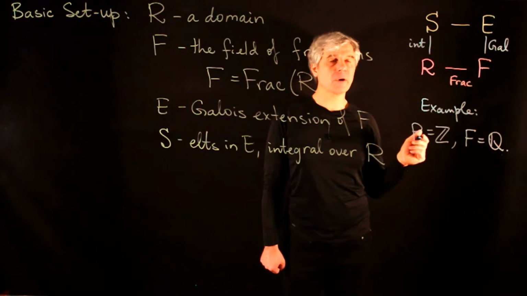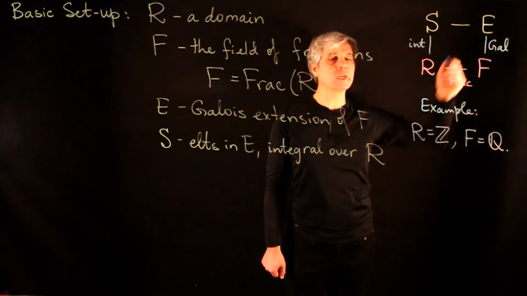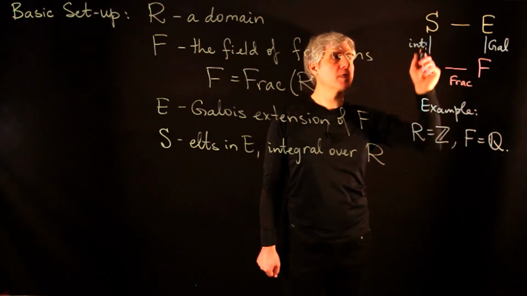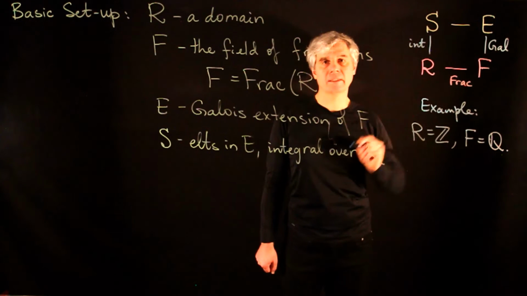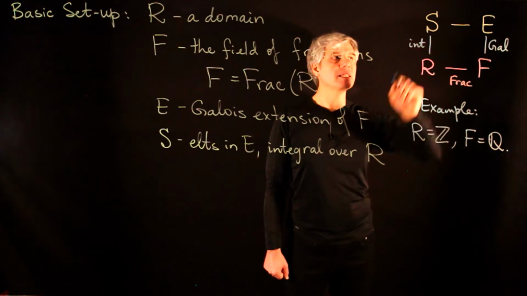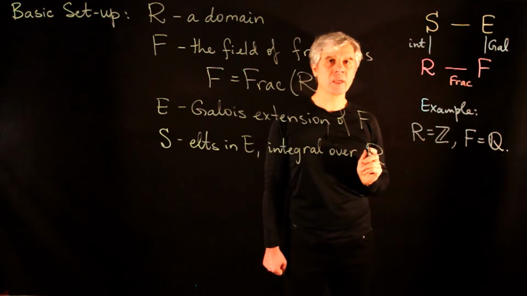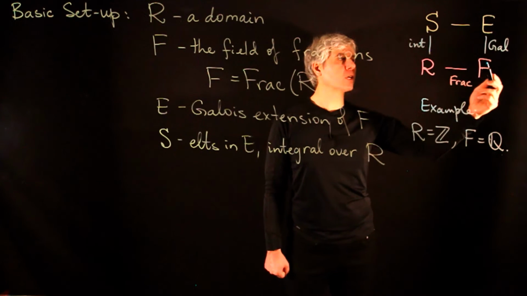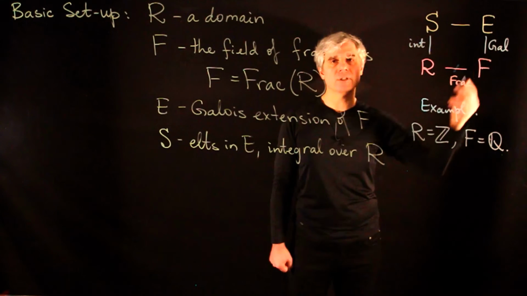The point of this construction is that for the field E, we cannot do reduction mod p, but this can be done for the ring S. So what we need to do is to understand better the structure of ideals in the ring S and their interplay with the action of the Galois group of this field extension.